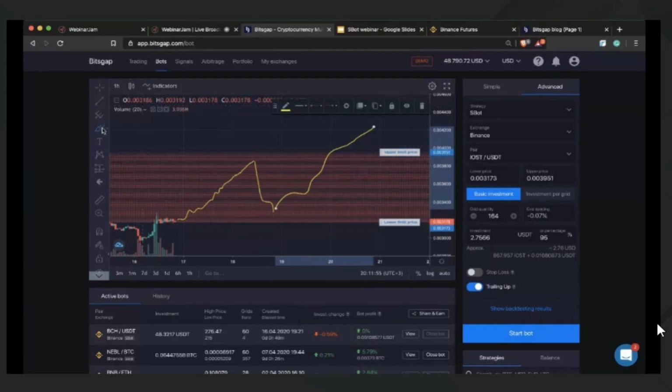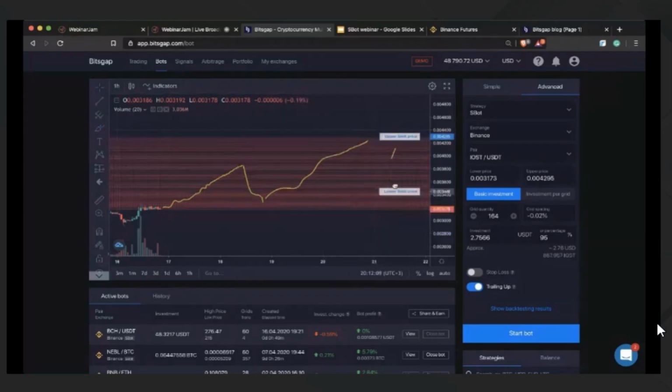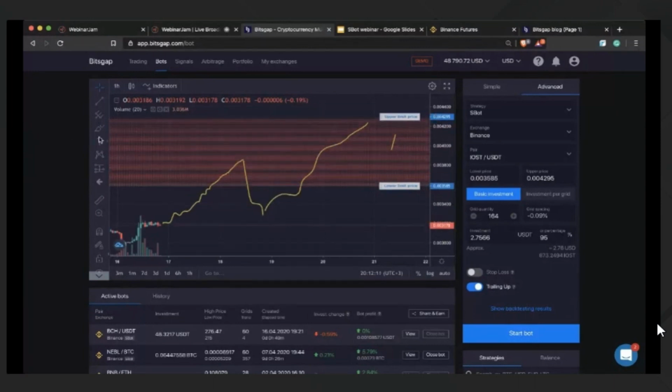In this case, it went upwards, so my trade range will follow. But if the price goes downwards from this point, my trade range is not affected. It's going to stay like this.